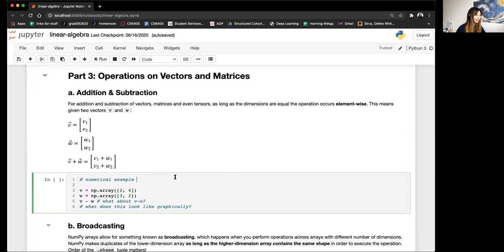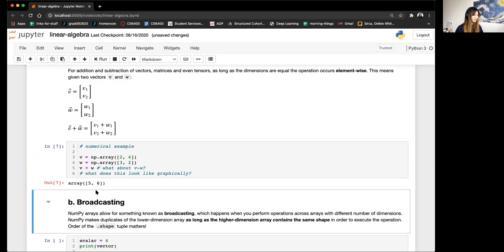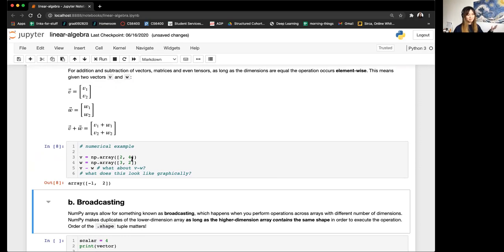Let's start with plus first. If v is 2, 4 and w is 3, 2, adding them together gives 5 and 6, because we're only adding the elements by their index. V minus w does the exact same thing, just subtracting. So 2 minus 3 gives you -1, and 4 minus 2 gives you 2. So this is pretty straightforward.